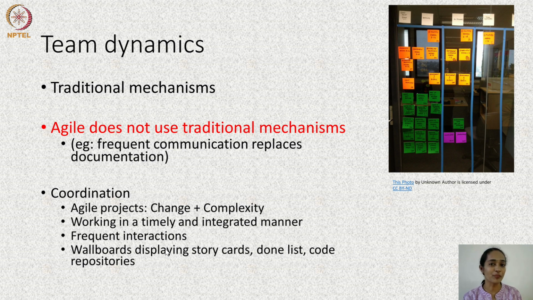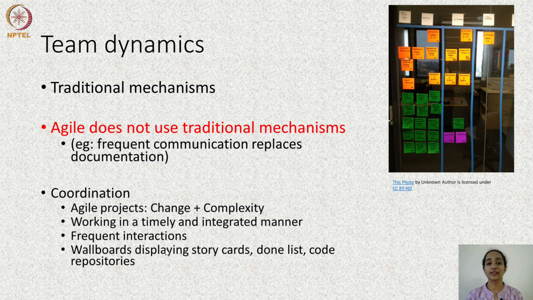Now, the interesting point here is that Agile does not use traditional mechanisms. If you have a team which uses any of the mechanisms which I have just listed, it's very possible that it is a traditional team which is masquerading as an Agile team. Agile has a different set of mechanisms to ensure that the teamwork happens smoothly.